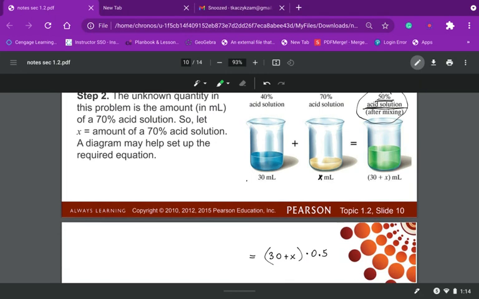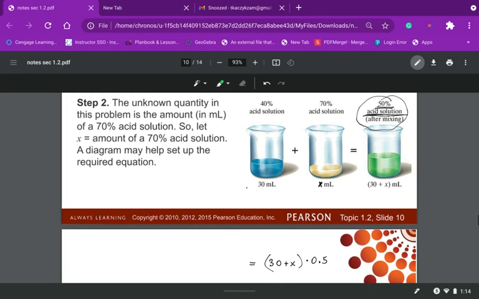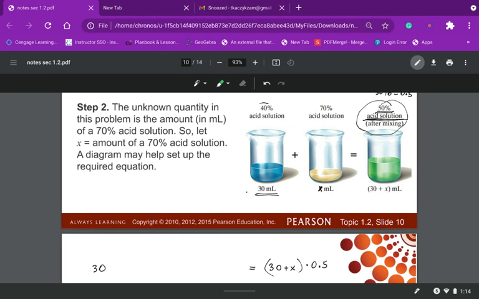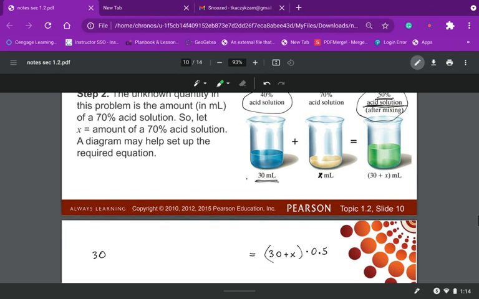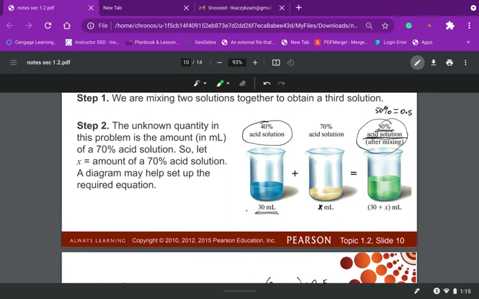Okay. Now, what are we mixing to get that brand new solution? We're going to mix 30 milliliters of the solution which has 40% of acid solution. So that 30 milliliters has to be multiplied, it has 40% of acid solution. So to calculate that amount of acid solution, you need to multiply by 40%, which is 0.4. So I replaced that 40%, changed to decimal. So this is just 40 divided by 100, which is 0.4.